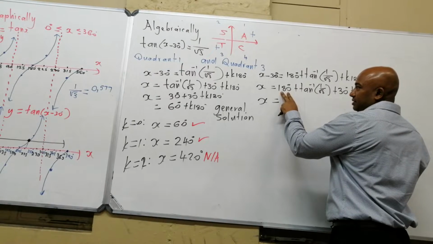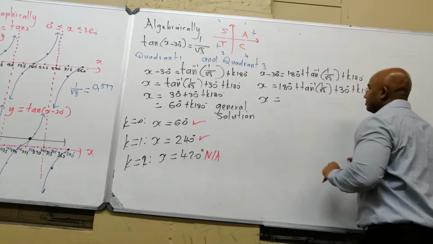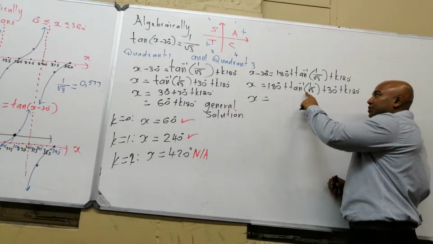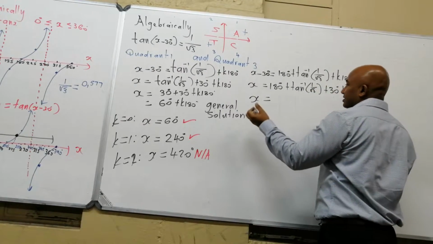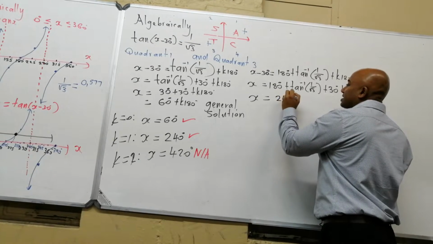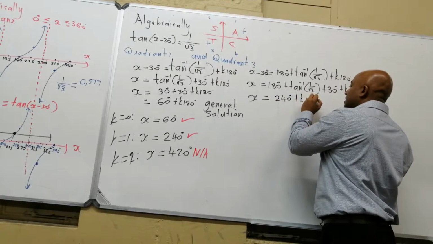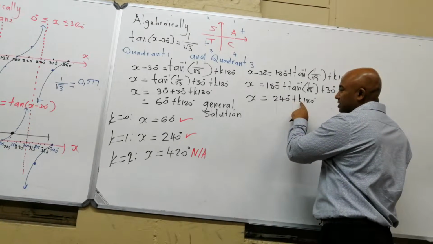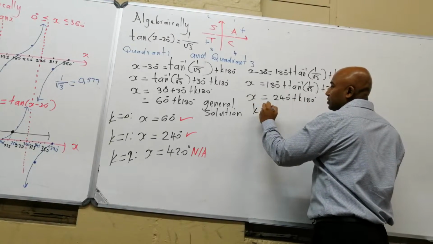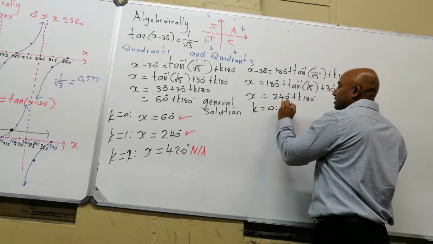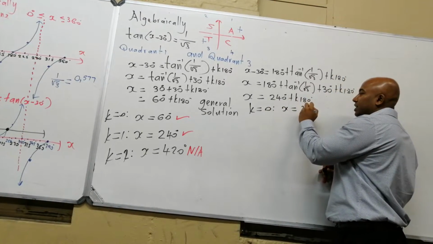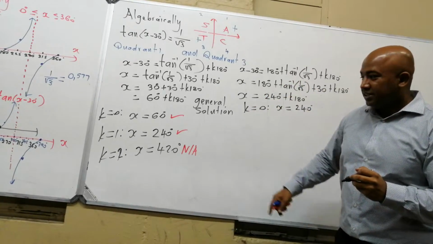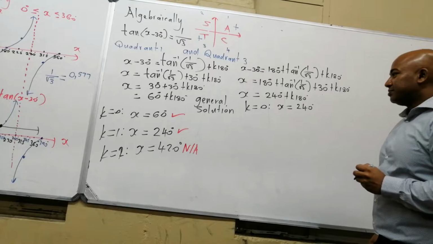So 180 plus 30 is 210, plus 30 again, 240 degrees plus k 180 degrees. So this one here, can you say it's the same thing now? If I put, let's say, k equal to 0, what is x equal to? 240 degrees. If I put k equal to 1, I'm going to get 420.